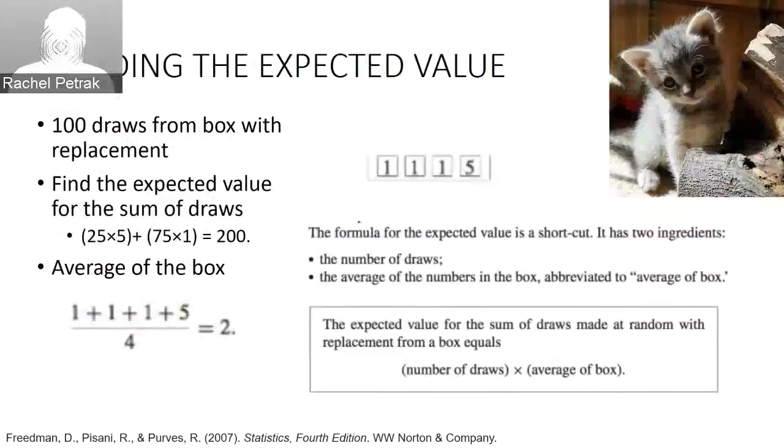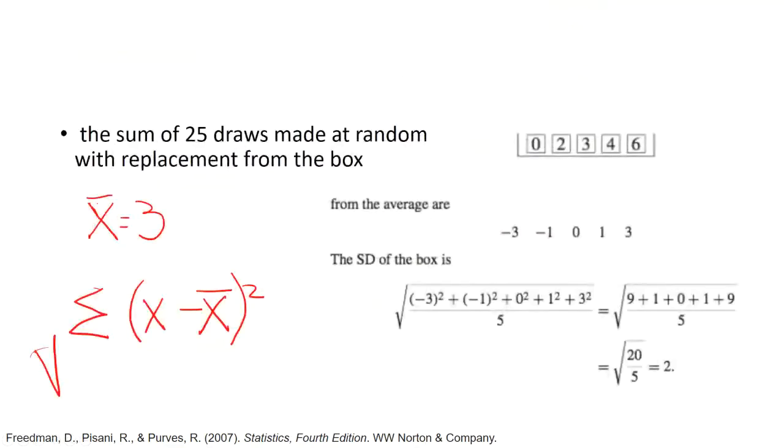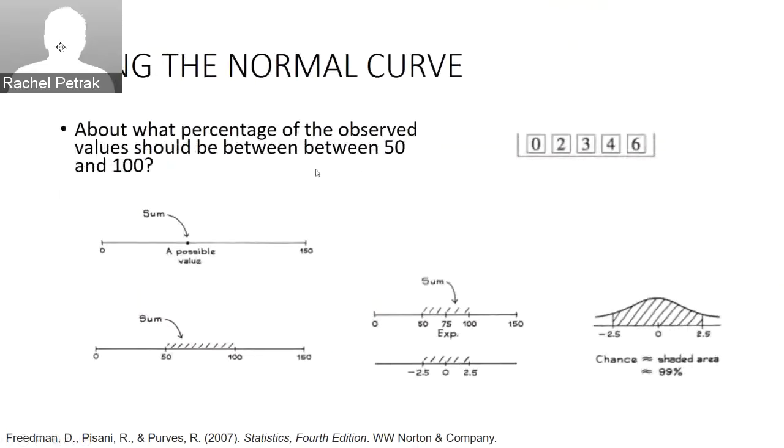Or get our expected value of the box. Remember, you need to get the average of the box and divide by the number of tickets in the box, right? Number of draws times the average of the box.